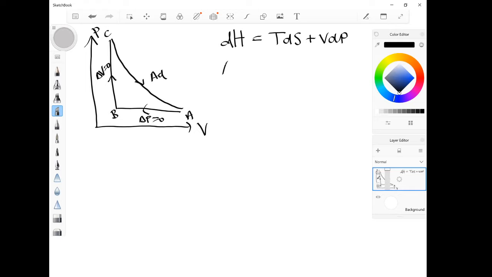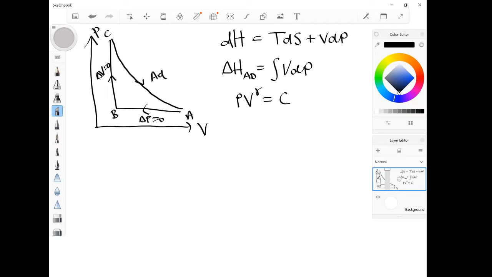So the change in enthalpy for the adiabatic leg is going to be equal to the integral of V dP. And because it's adiabatic, we know that PV^gamma is equal to some constant.